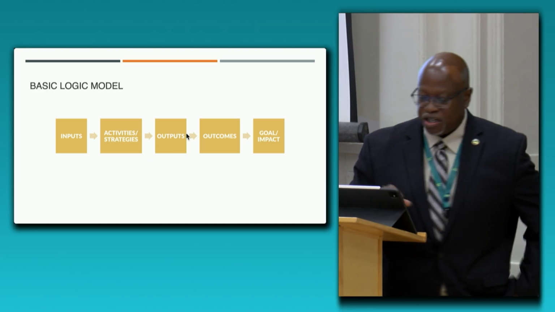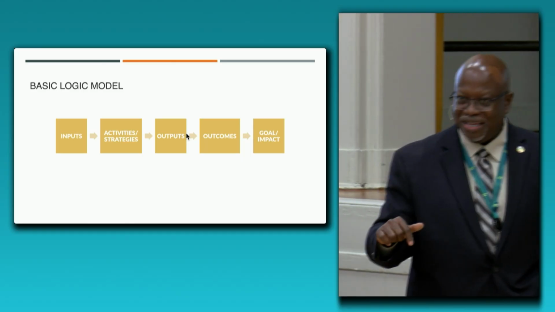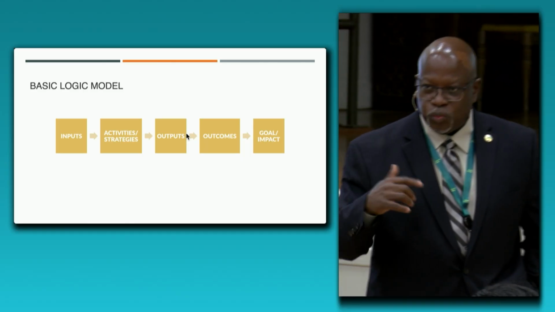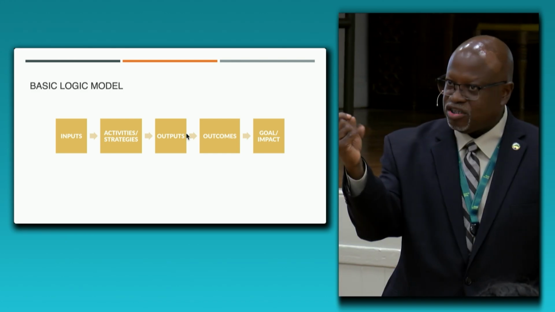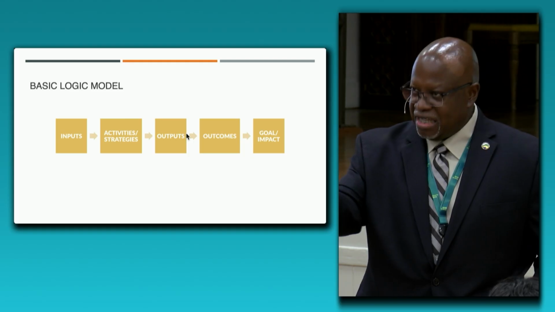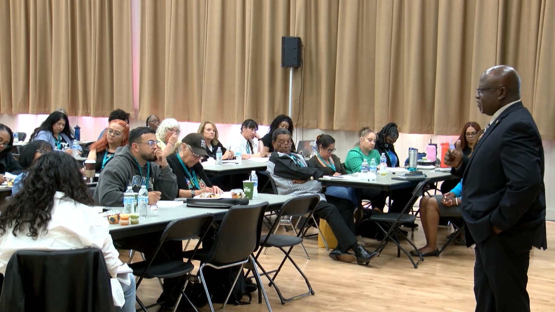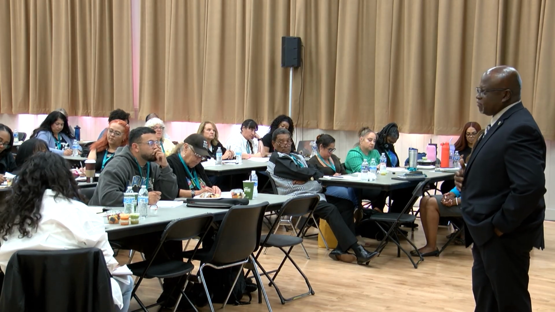And then the next part of a logic model would be activities and strategies that you will employ in terms of what you will do with the program. So inputs are the tangible things that you provide, and the activities are what they do. The class, for example, in that room would be an activity, right? Let's say you decide to have a cooking class on healthier eating. Let's say you do decide that you want to have the ability for individuals to have their blood pressure checked to identify people who are perhaps at risk for hypertension.